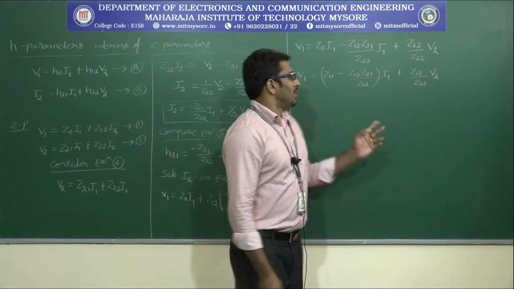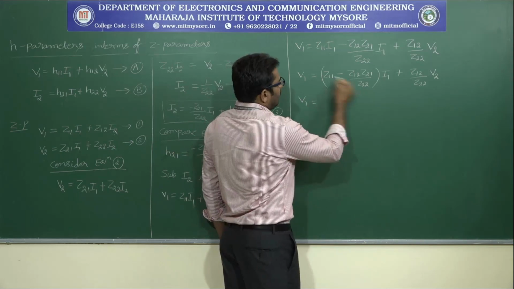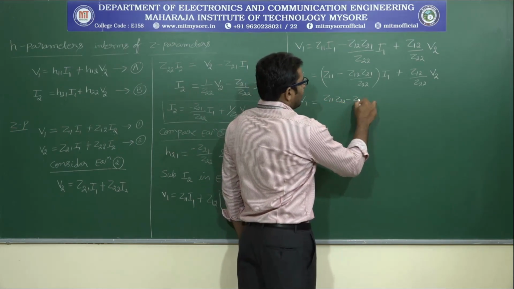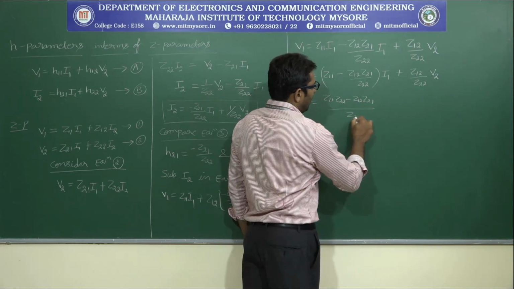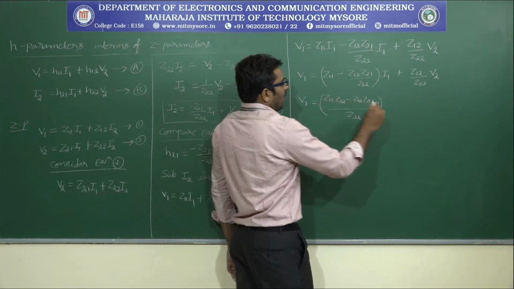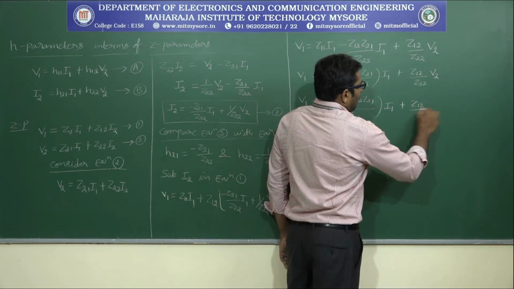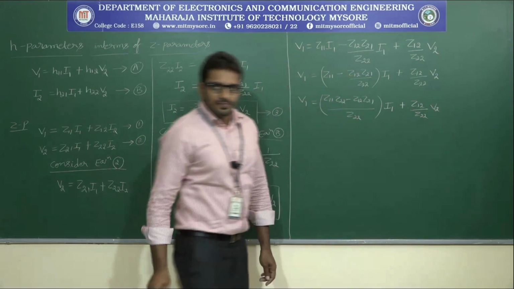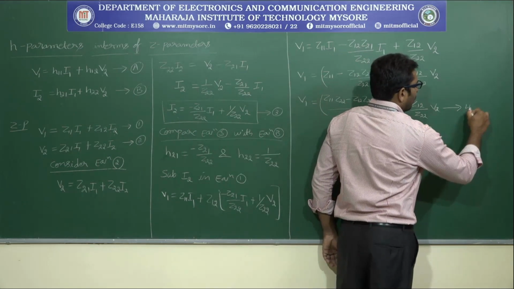Is that clear? So, next step, take the LCM. V1 is equal to (Z11 Z22 minus Z12 Z21) divided by Z22, multiplied with I1, plus Z12 divided by Z22 into V2, and call it equation number 4.